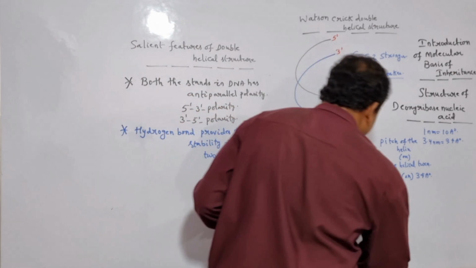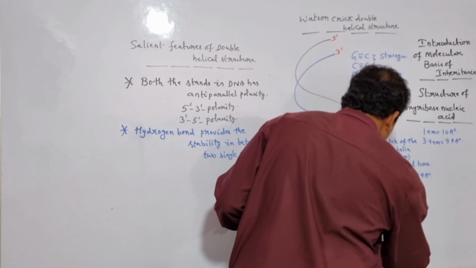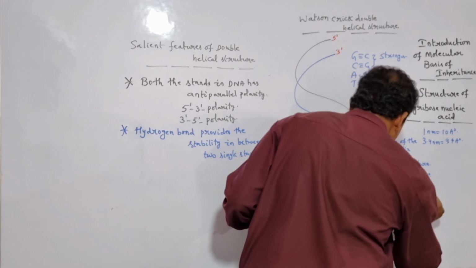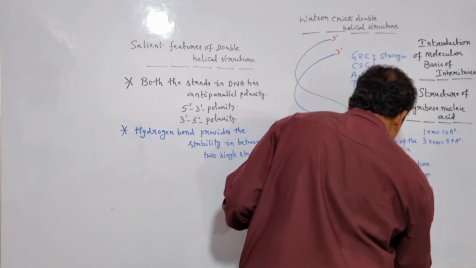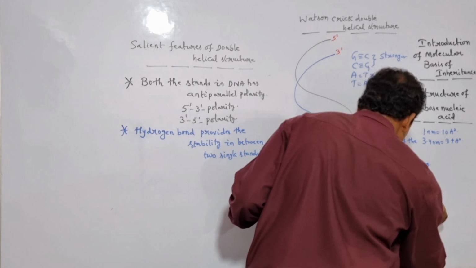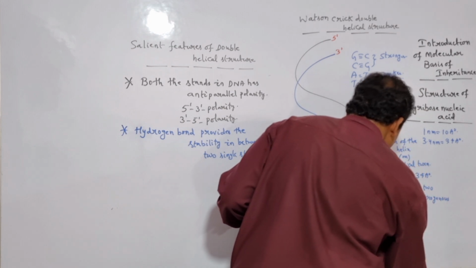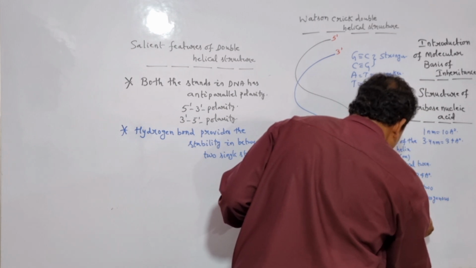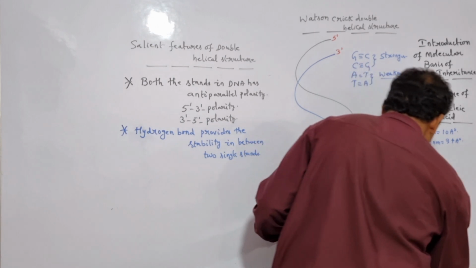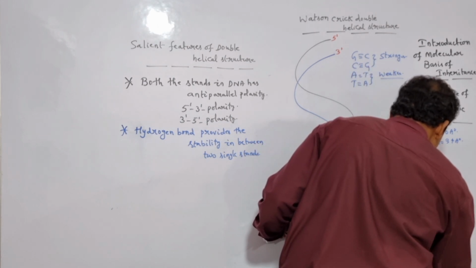So let me write it here. Distance between two successive nitrogenous base pair ranges around 0.34 nanometers, or in other terms we can consider it as 3.4 angstrom units.